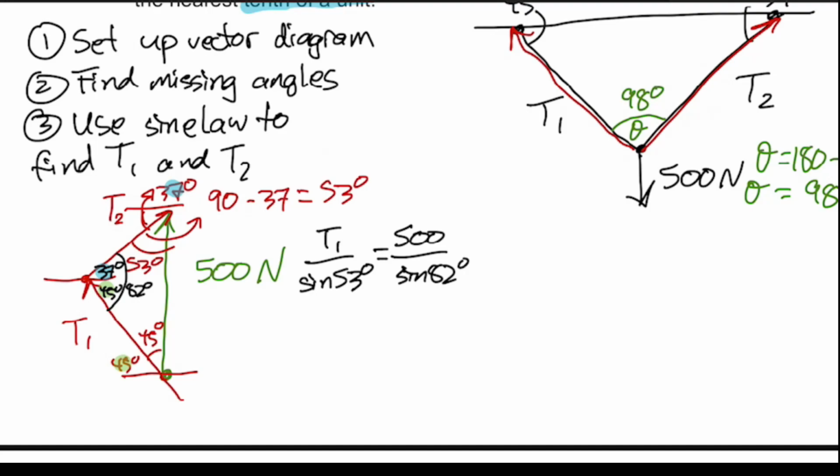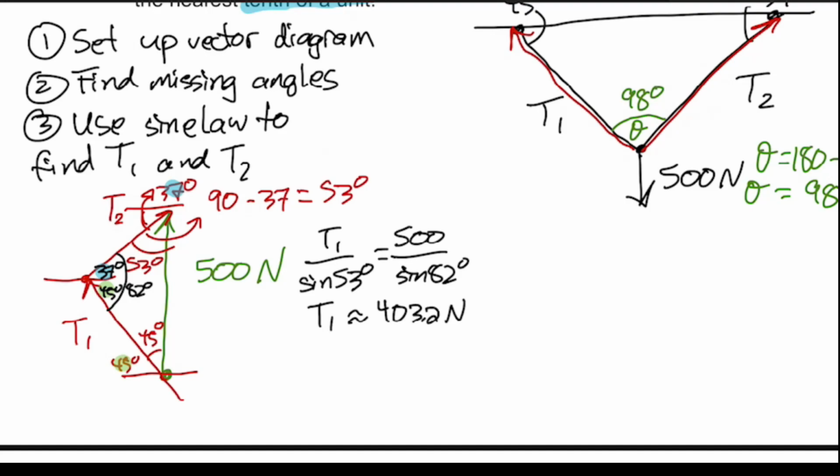We can rearrange and solve fairly quickly. I'm not going to show all my work here, but I'll just talk it through. 500 times sine 53 divided by sine 82 gives me a value of 403.2 newtons. So T1 is approximately equal to 403.2 newtons.